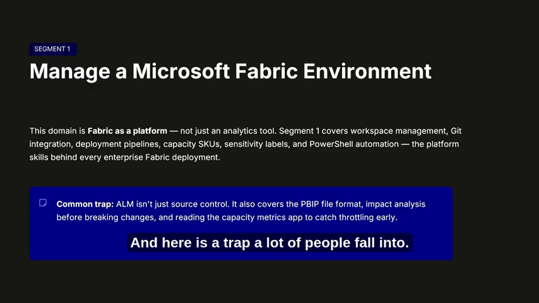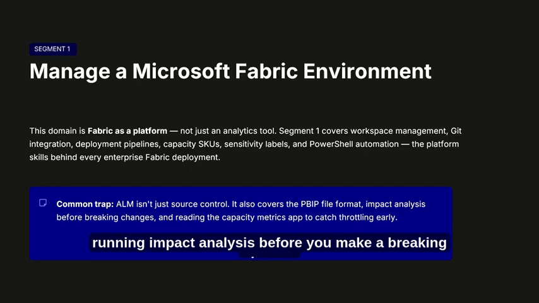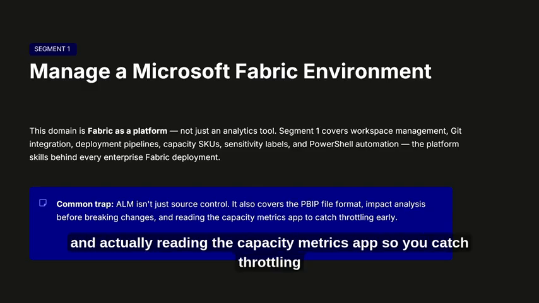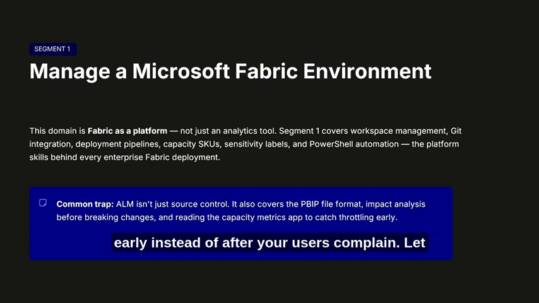And here is a trap a lot of people fall into. ALM isn't just I use source control. It also means understanding the PBIP file format, running impact analysis before you make a breaking change, and actually reading the capacity metrics app so you catch throttling early instead of after your users complain.